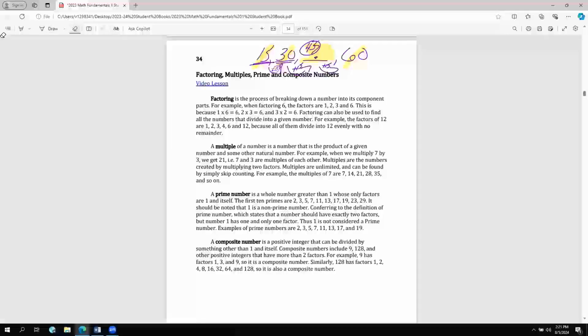Now, I didn't know that in the beginning. I had to test something. I had to figure out what the rule was. Let's try it again.